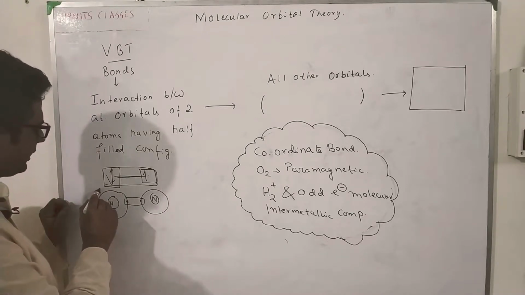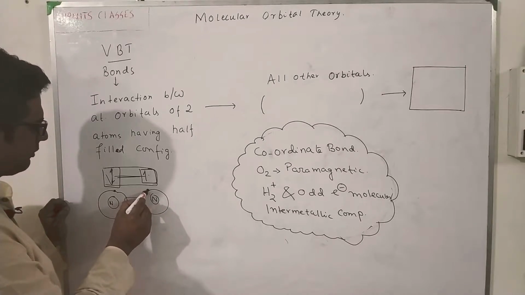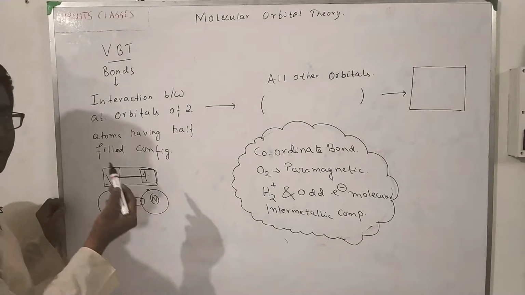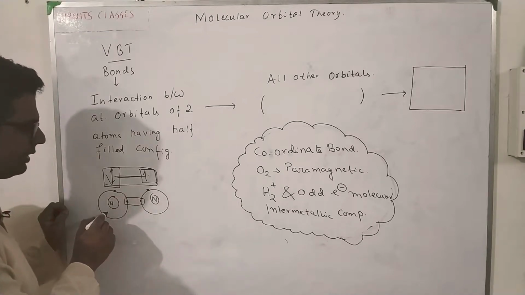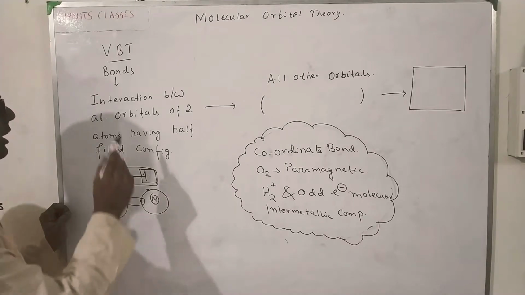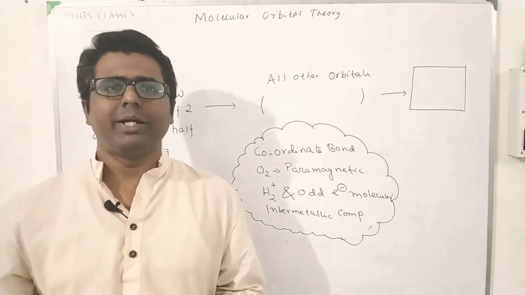Now suppose there is another electron also somewhere over here and here. So this electron also occupies some atomic orbital of this element, which is not taking part in the bond. And valence bond theory doesn't say anything about the other orbitals of the atom.